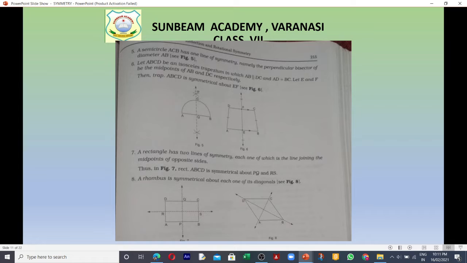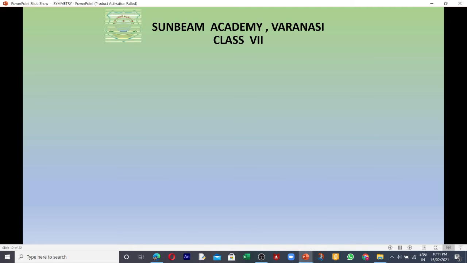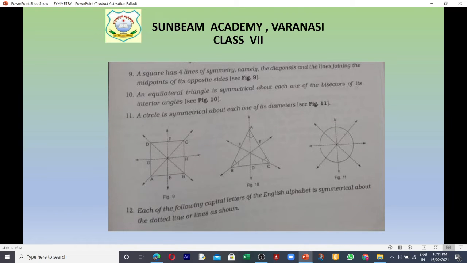An isosceles trapezium also has 1 line of symmetry. Rectangle we have learned already, 2 lines of symmetry. Rhombus is symmetrical about its diagonals only, so a rhombus also has 2 lines of symmetry. Then square 4, equilateral triangle 3. If you have a regular polygon, the number of lines of symmetry will depend upon the number of sides.